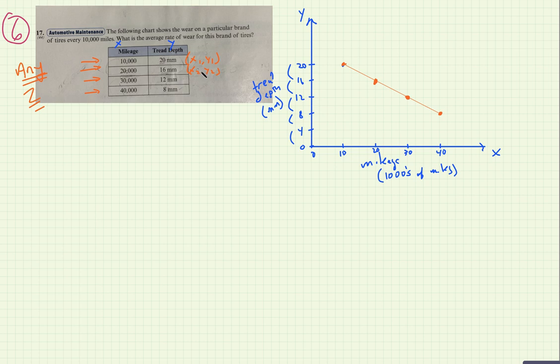All right. And we're going to write our slope formula. y2 minus y1 over x2 minus x1. That's our m. So we get 16 minus 20 over 20,000 minus 10,000.